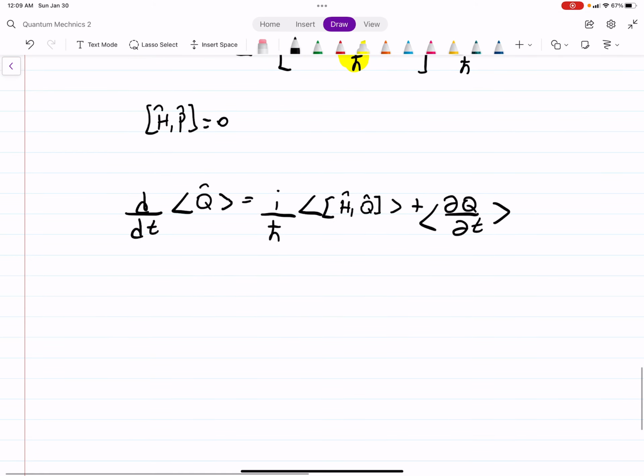In this case, the operator we're using is momentum. And hopefully you can see where we're going with this. And if not, that's okay.